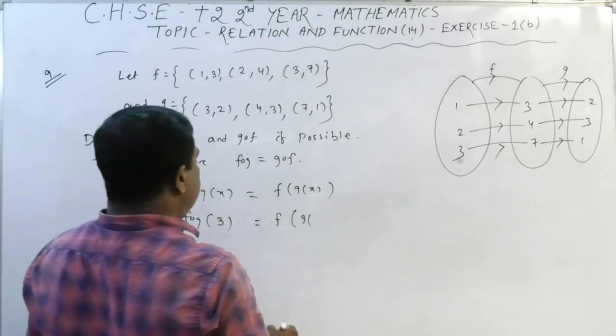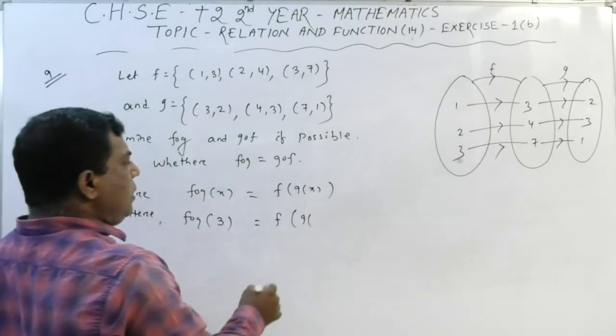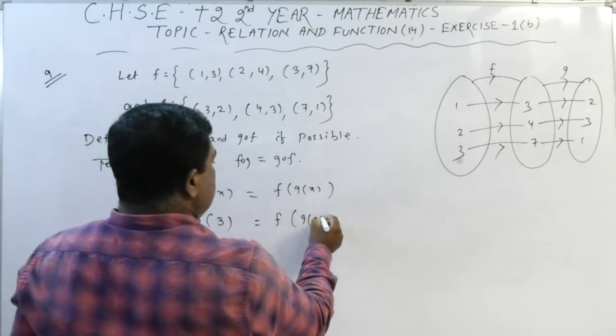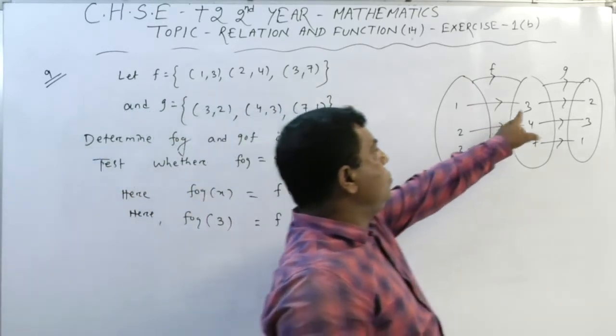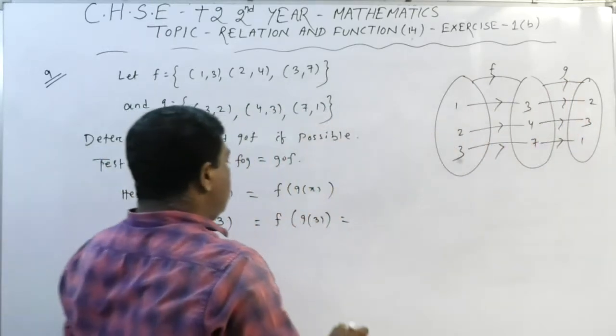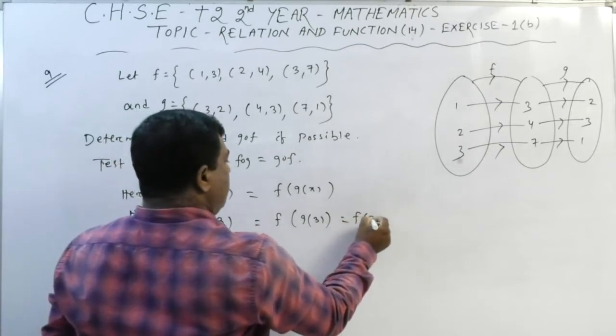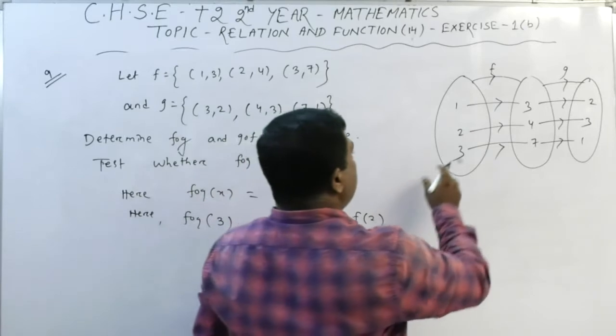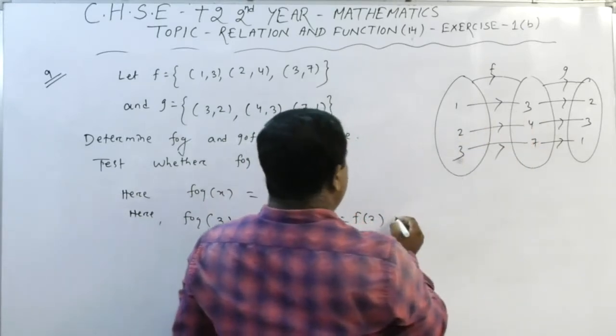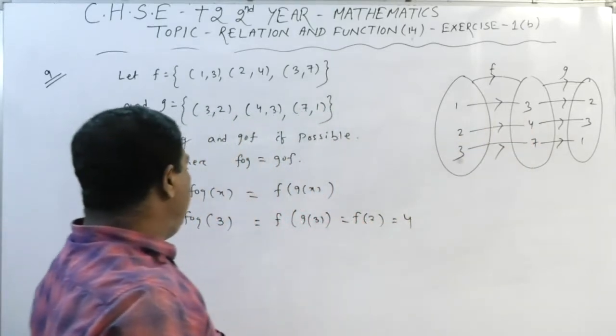What is g of 3? 3 is converting to 2. So it is f of 2, and f converts 2 to 4. So I am getting 4.